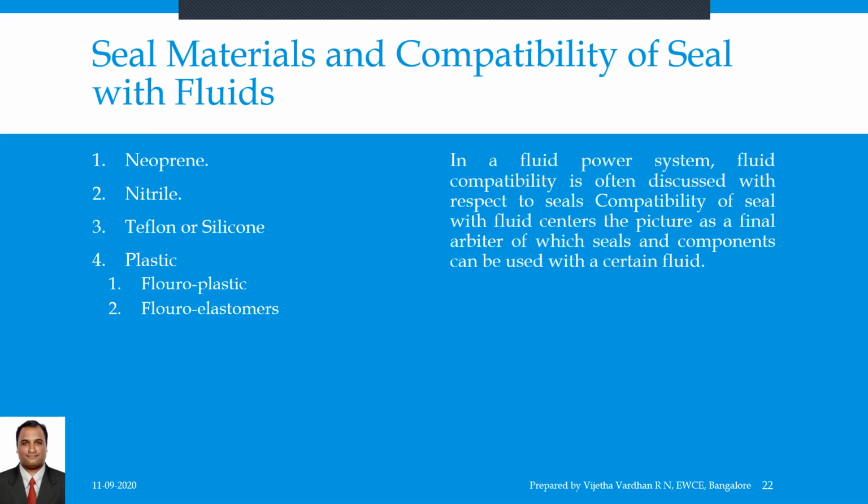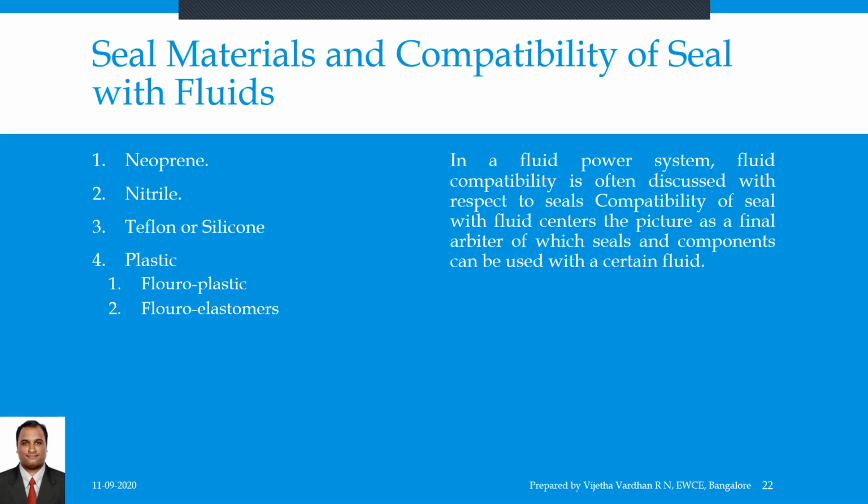Then the compatibility of the seal with the fluids we need to discuss. In fluid power systems, fluid compatibility is often discussed with respect to seals. Compatibility of the seal with the fluid is the final arbiter of which seals and components can be used with a certain fluid.